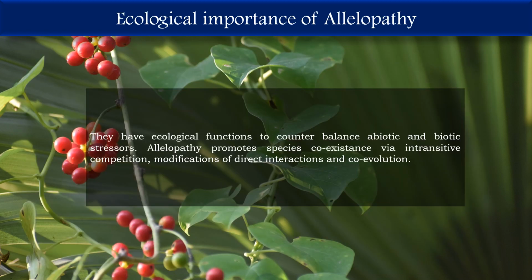Since allelopathy has some good or important characteristics, it also has an ecological importance, such as counterbalancing abiotic and biotic stressors. Allelopathy promotes species coexistence via transitive competition, modification, or direct interaction and co-evolution. So these are the importance of ecological aspects.